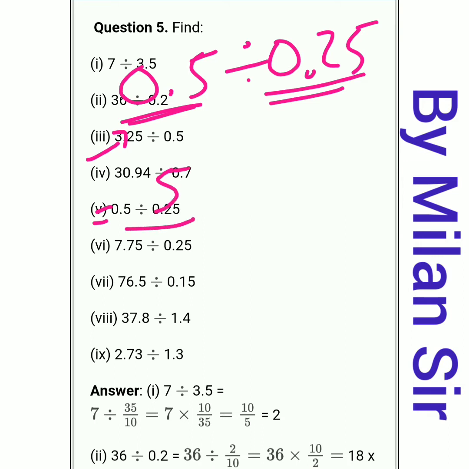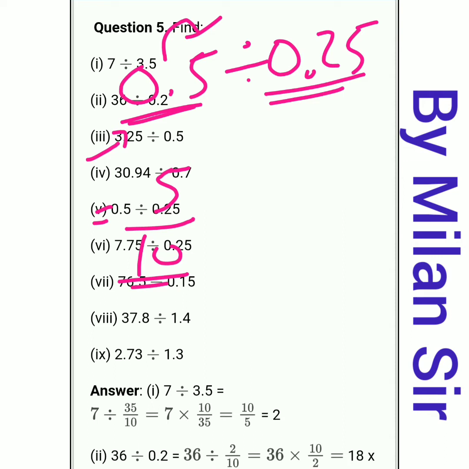After the decimal point we have only one digit, so in the denominator we need to put 10. So 5 over 10.